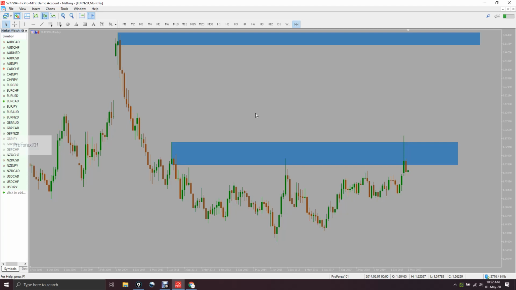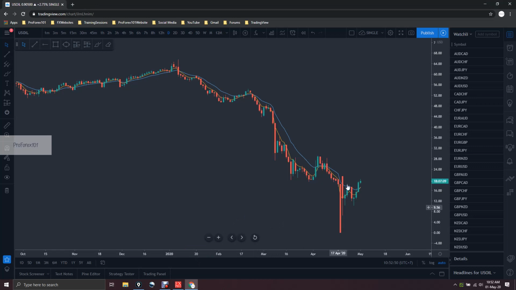People are stuck at home, we're not filling up our cars and driving around, so there's no demand for it, and price is falling. But we see that on our charts. It doesn't matter what the economic situation is, we can spot that on our charts.